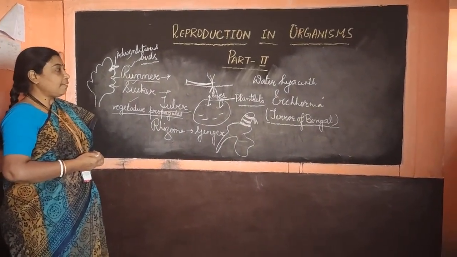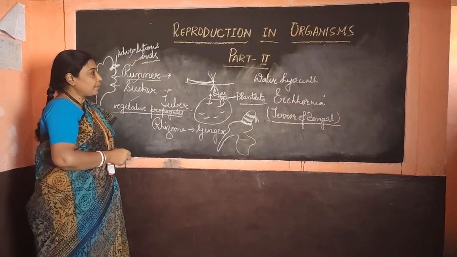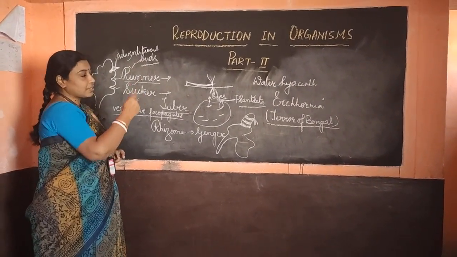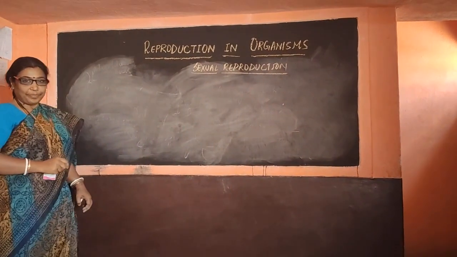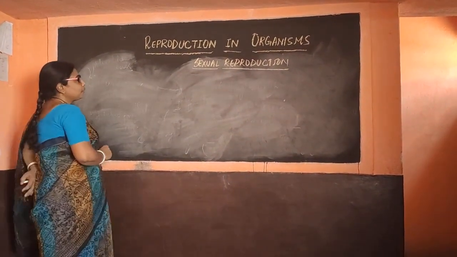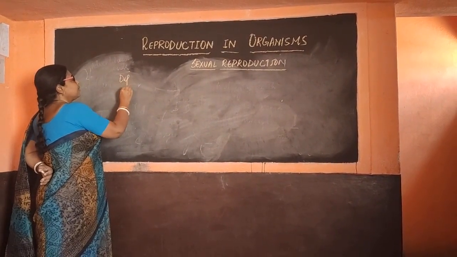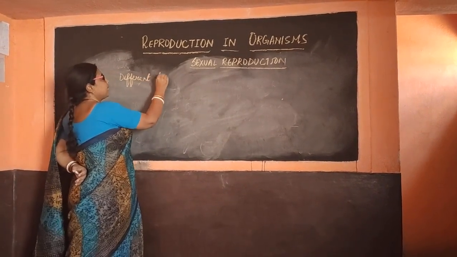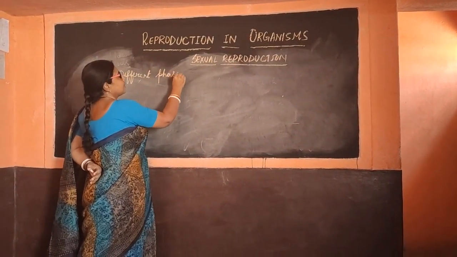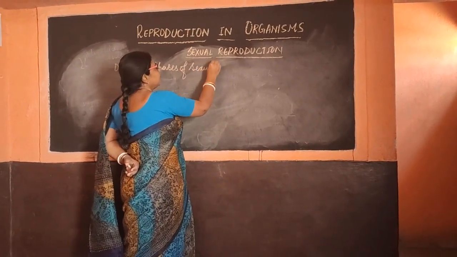Now we will deal with certain phases of reproduction, or the certain phases of the lifespan. Now we are going to move over to sexual reproduction. So first of all, let us look at the different stages or phases of sexual reproduction.